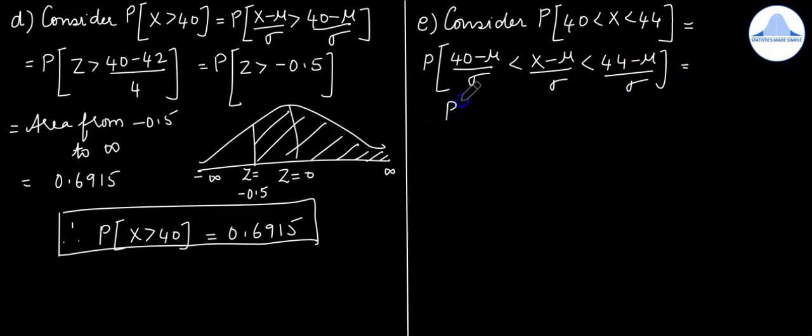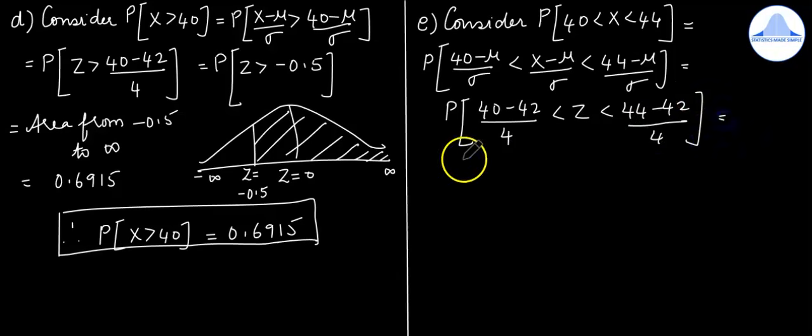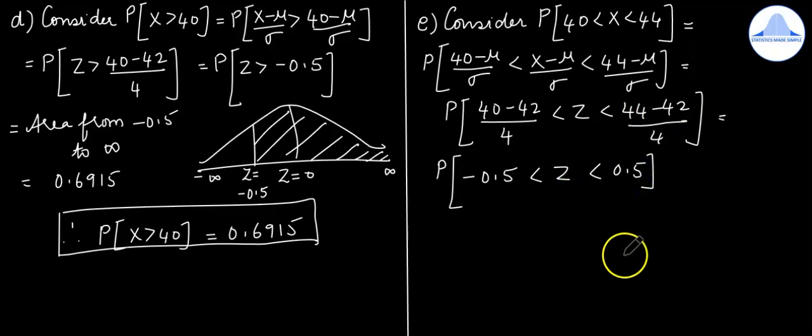So this is equal to probability of 40 minus 42 divided by 4 is less than z is less than 44 minus 42 divided by 4, which is equal to probability of minus 0.5 is less than z is less than 2 divided by 4, which is 0.5.